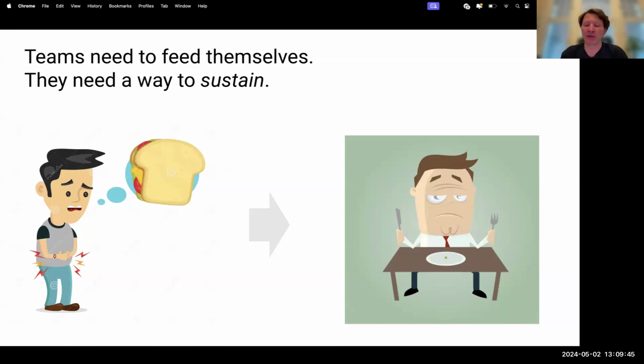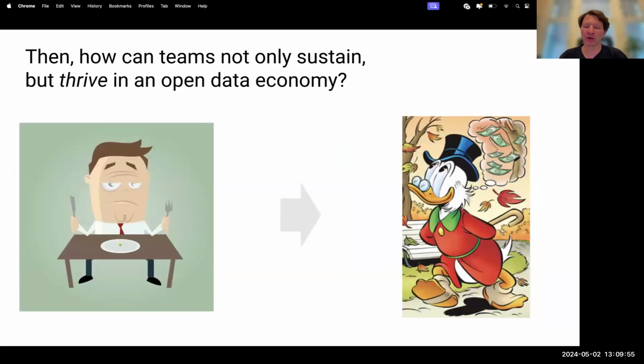Any given startup, whether it's a nonprofit or a for-profit company, needs to be sustainable, right? Ideally, it's not barely sustainable. Ideally, it's doing well with respect to cash flow and income, such that it can keep growing, ideally exponentially, right?